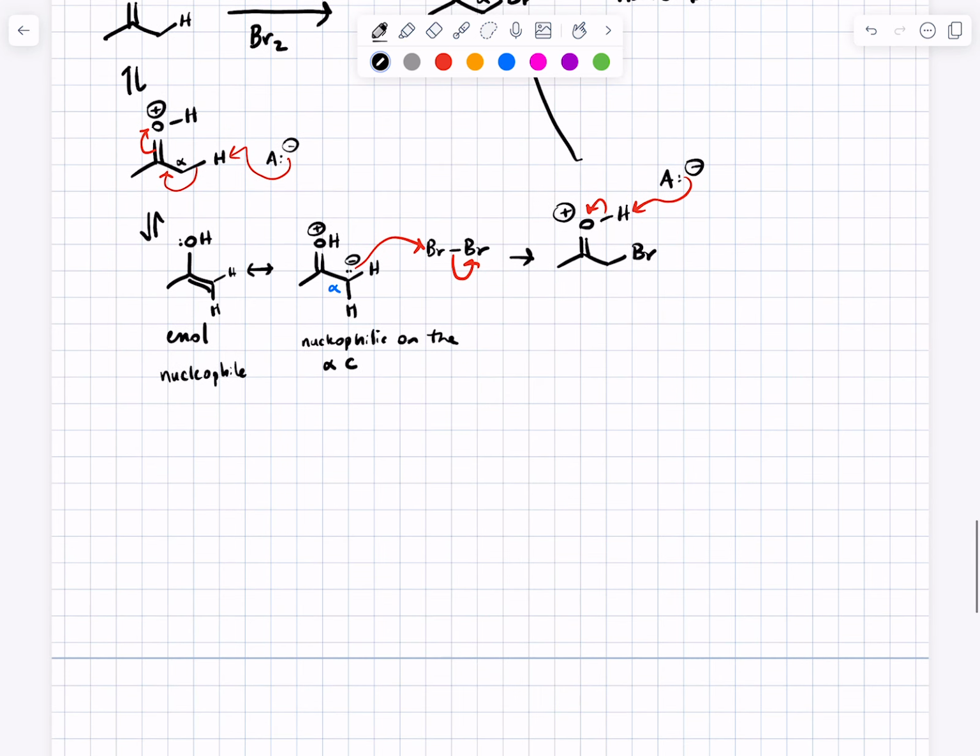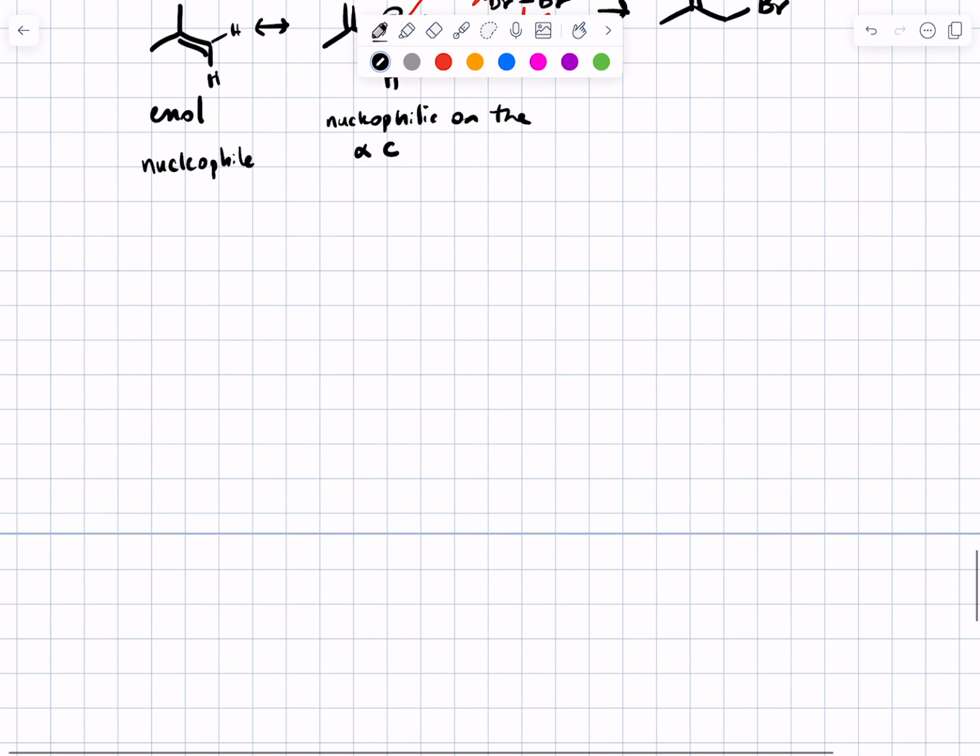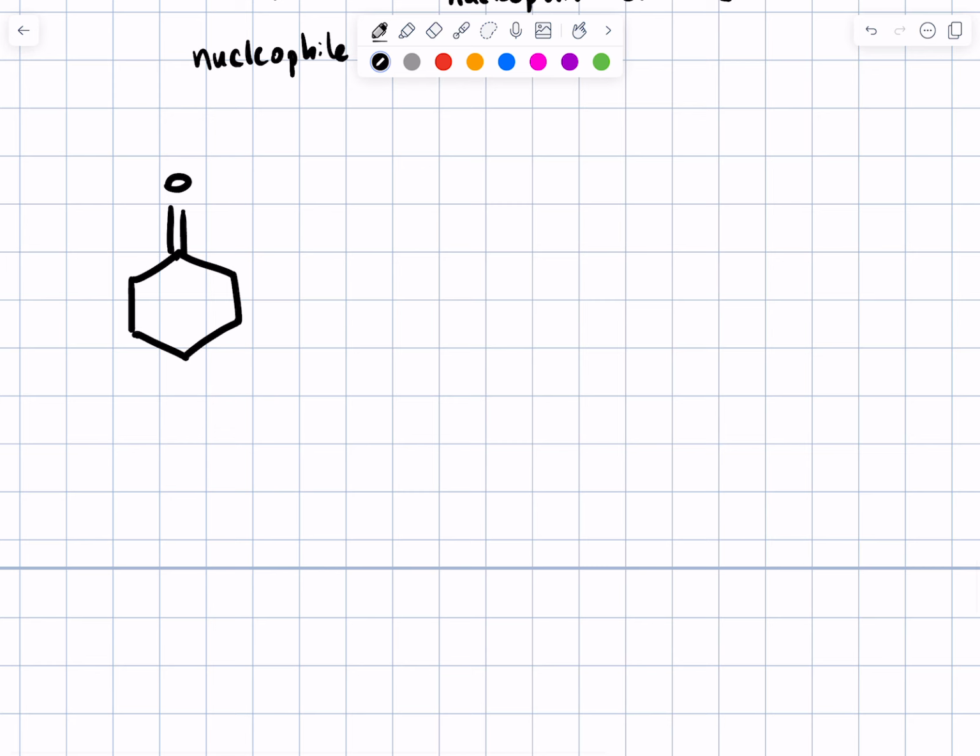So let me give you a few examples, and I'm always looking to up the evil scale, mostly to prepare you for future complicated situations that you might find yourselves in on exams. Here is bromine, here is acetic acid, which catalyzes the enol formation.